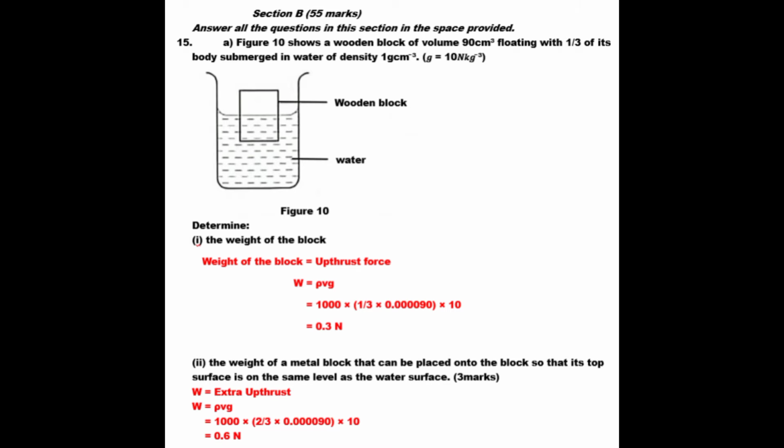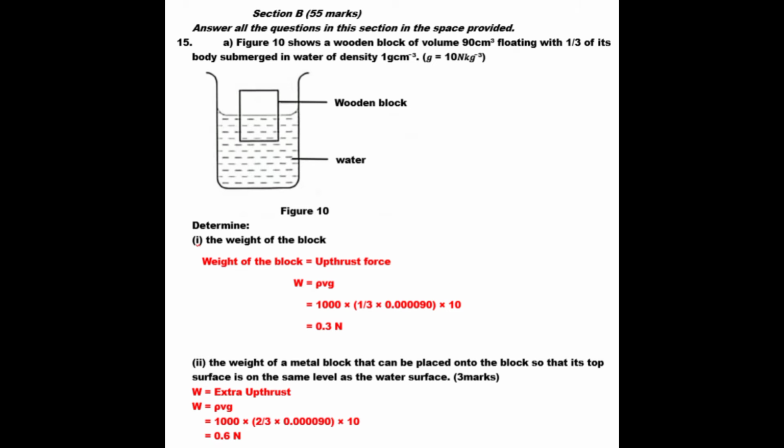Volume of liquid displaced is a third of 90 centimeter cubed, but in SI units, then g is 10. That is density of the liquid times volume of liquid displaced times 10. That is applying the law of flotation, because we are saying downward force is equal to upward force. In other words, weight equals upthrust. That gives you weight being 0.3 Newton, which is also the same as the upthrust.